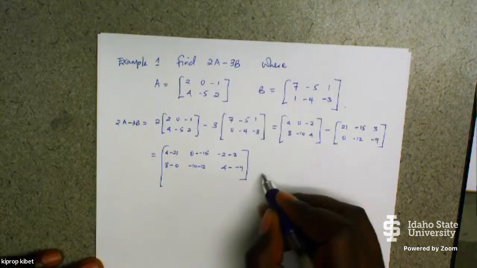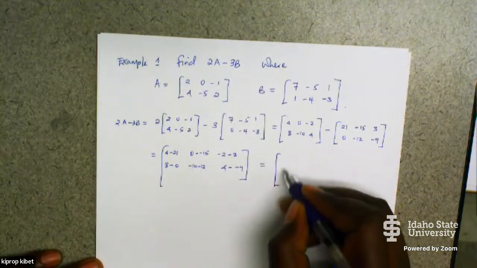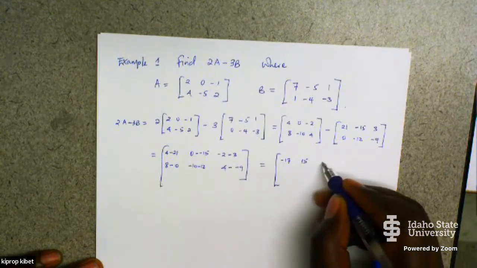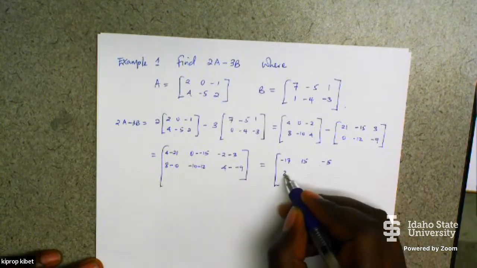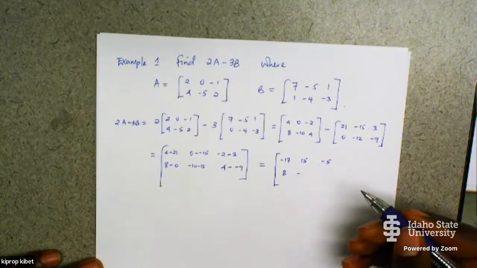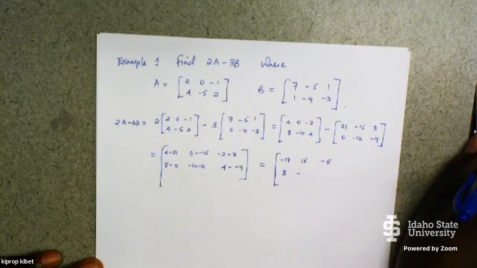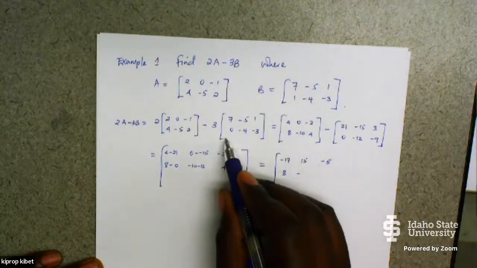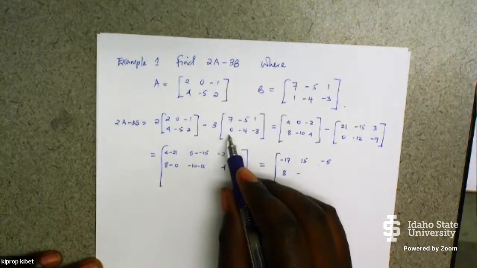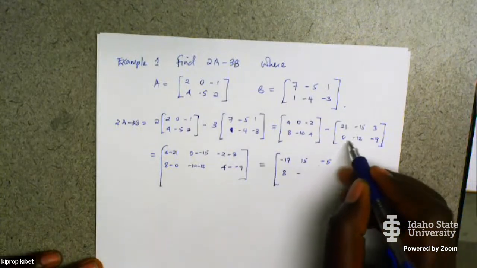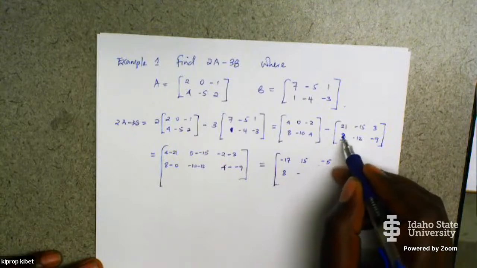Finally, what do you get? Minus 17, minus 15, minus 5, 5, minus 22, minus 5. Let me check the entries: I think it should be 8 minus 3, right? Yeah. The first row, that's a 1. So this would be 3.